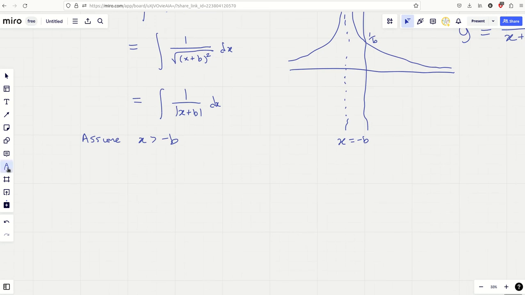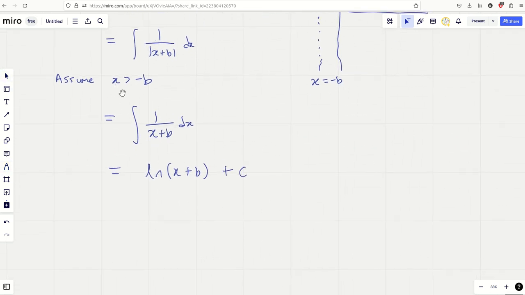Okay, assume x is greater than minus b, then we're simply integrating 1 over x plus b dx. Well, that is the same as ln of x plus b plus a constant c, and that looks absolutely fine since x plus b is greater than 0.